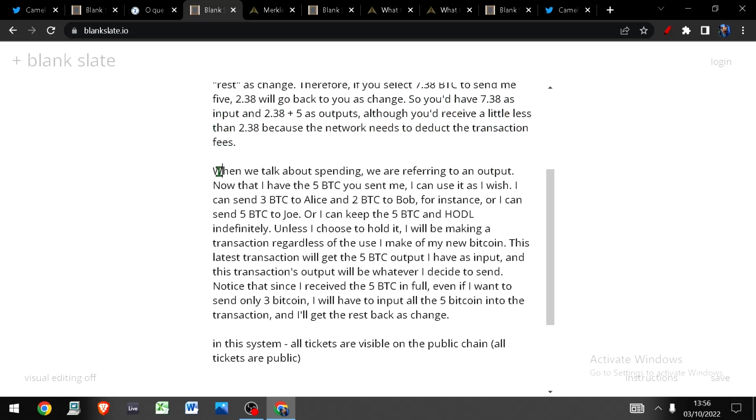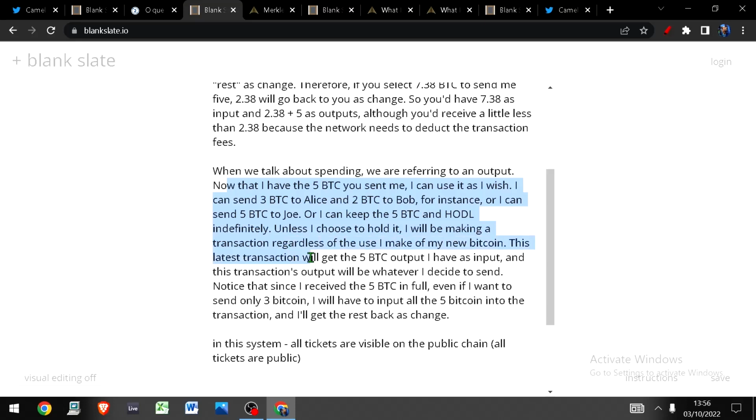So when we talk about spending, we're referring to an output. So if you spend some Bitcoin, that's an output. Now that you've sent me the 5 Bitcoin and I have that 5 Bitcoin, I can use it as I wish. I can send 3 Bitcoin to Alice and 2 to Bob, or I can send 5 to Joe, or I can keep the 5 and hold it indefinitely. Unless I choose to hold it, I will be making a transaction regardless of the use I make of my new Bitcoin.